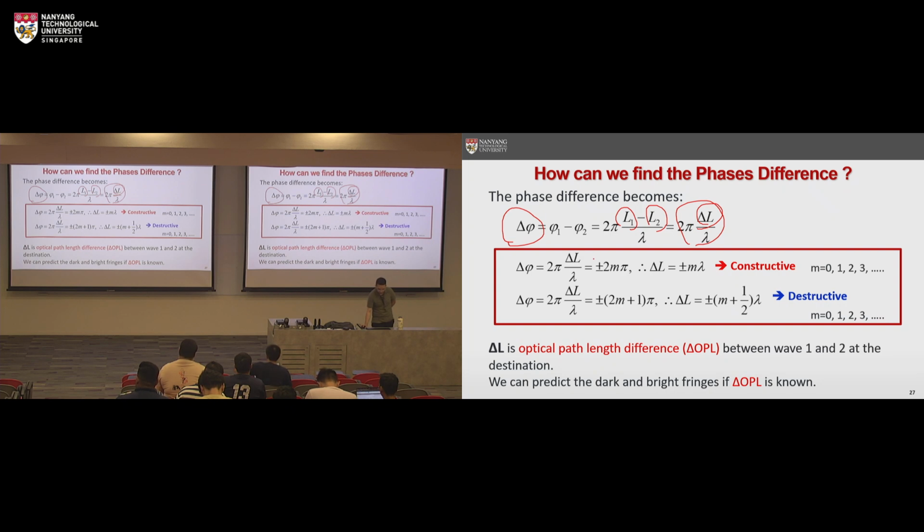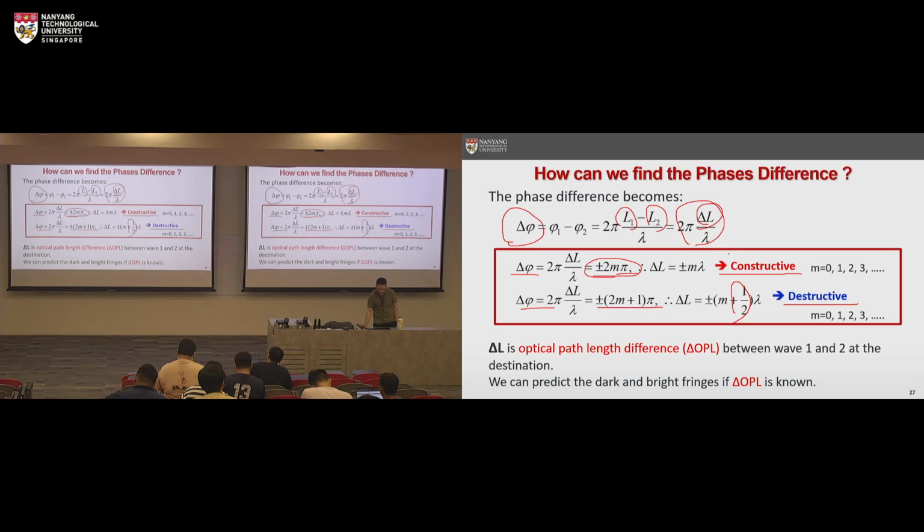And then depending on how much change there is in terms of my lambda, if this is equivalent to an integer multiple of the wavelength, then it's constructive. If this is equivalent to half of the wavelength, then it's destructive. Okay, so this is how mathematically we write the phase difference.